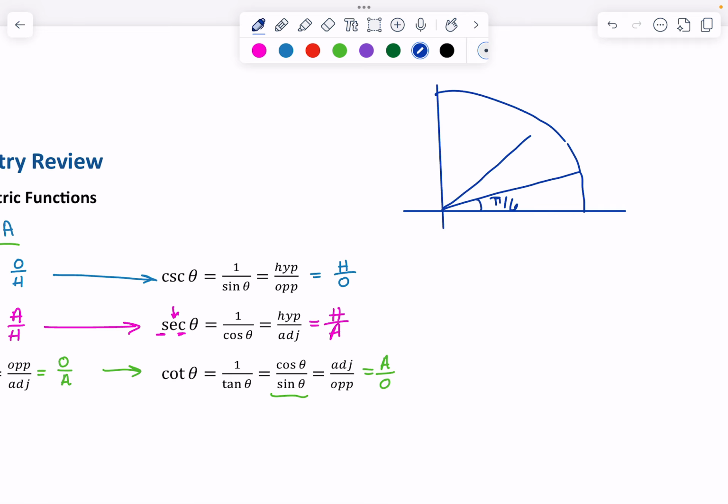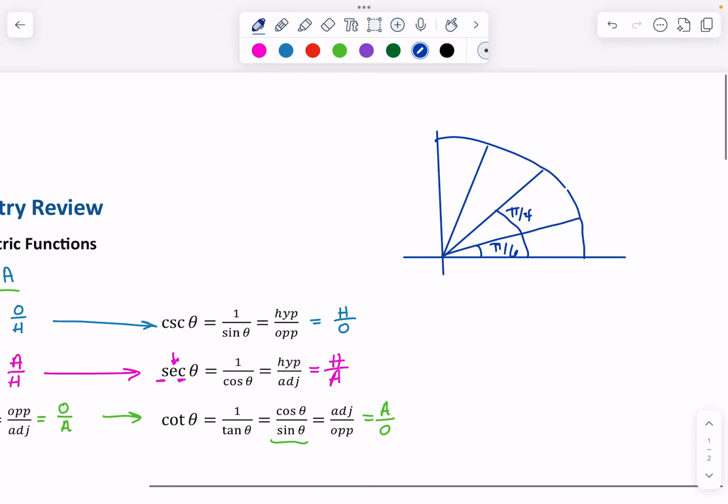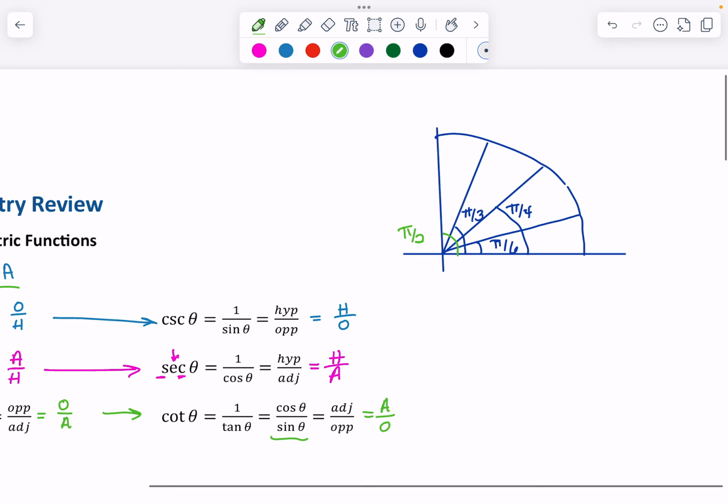My next one is a pi over 4 angle. This next one right here is a pi over 3 angle. And the big one going all the way up to here is a pi over 2 angle.